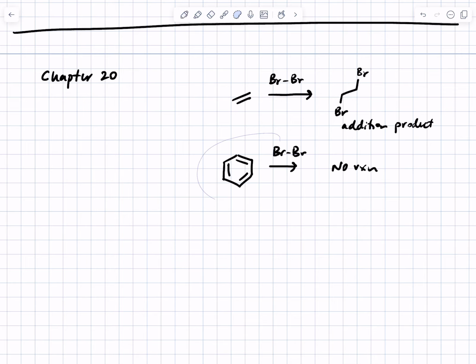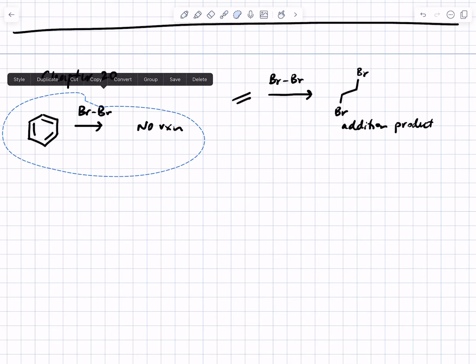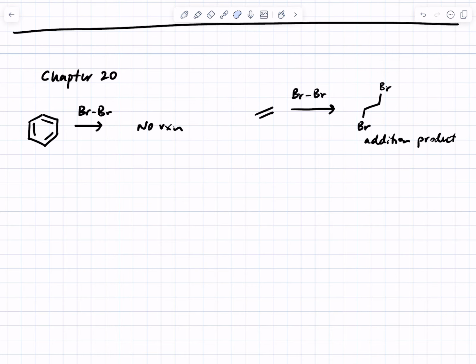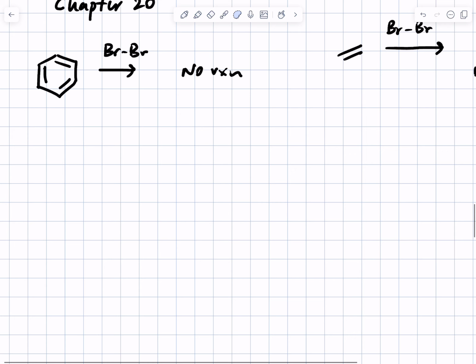Now, it turns out you can coax benzene into reacting as a nucleophile. But you will see that the products we get from that are not addition products. And how we deal with aromaticity is a key consideration. The other thing that you're going to see is that in order to get benzene to react as a nucleophile, we need a more reactive electrophile than we've typically dealt with so far.